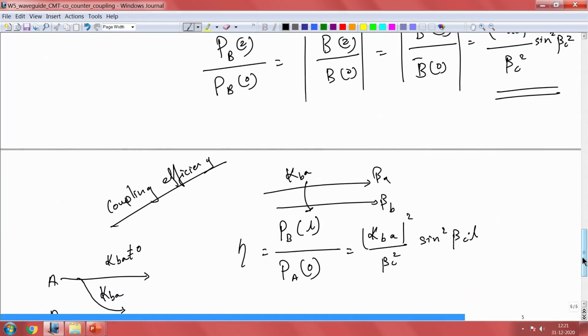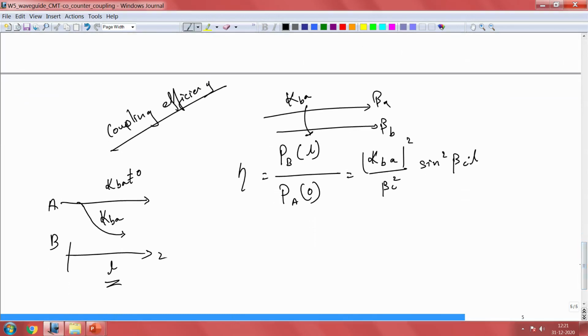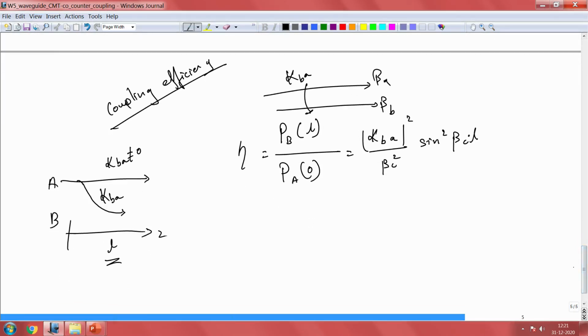So, now the power exchange, as you can see here, is basically a sine function, you see. So, the power varies as a function of sine squared here, right, and that means it is periodic in nature, right.